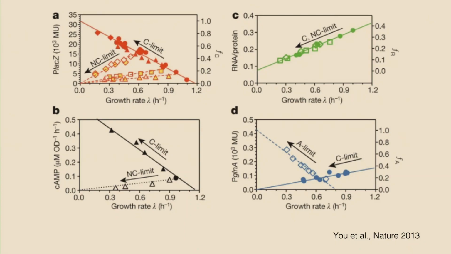Okay? So in particular, if you write for phi r, you get that phi r is equal to phi min plus lambda over Kn. And in particular, what is this Kn? Well, 1 over Kn is equal to 1 over Kc plus 1 over Ka.